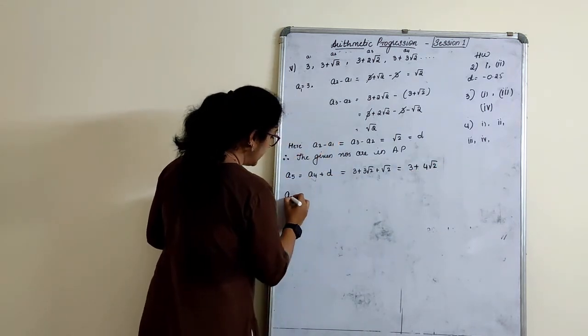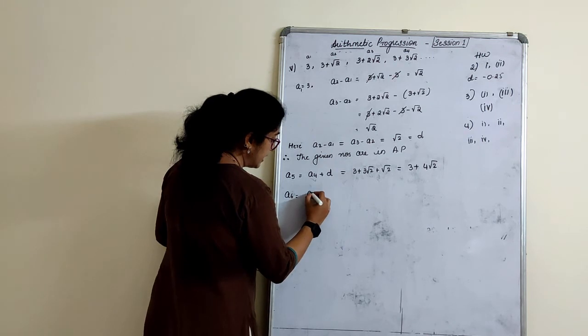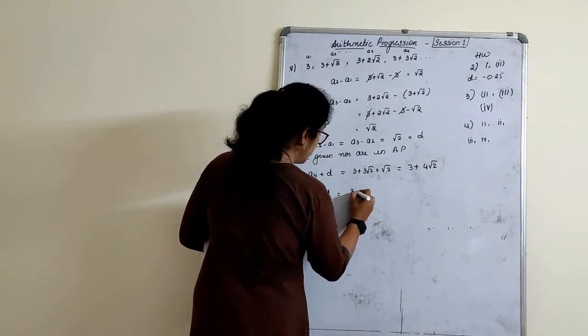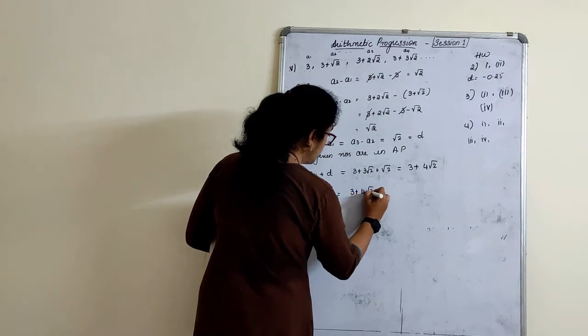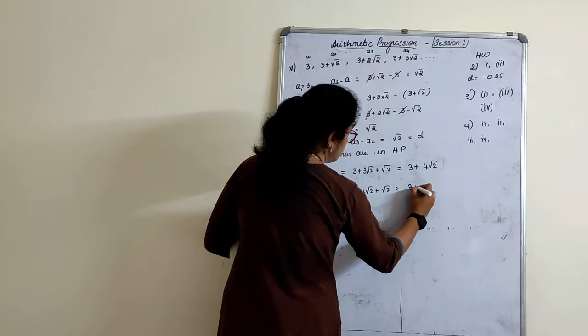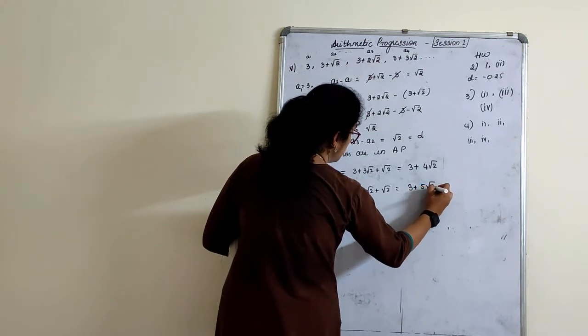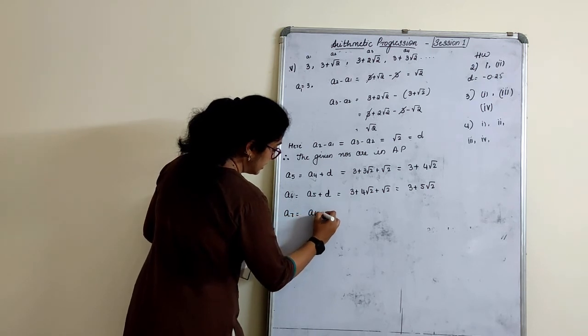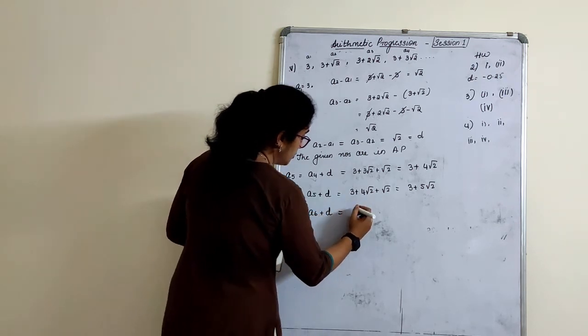Right? A6. How do you find A6? A5 plus D. What is A5? 3 plus 4 root 2 plus root 2. So this is 3 plus 5 root 2. A7. A6 plus D. How do you find this?